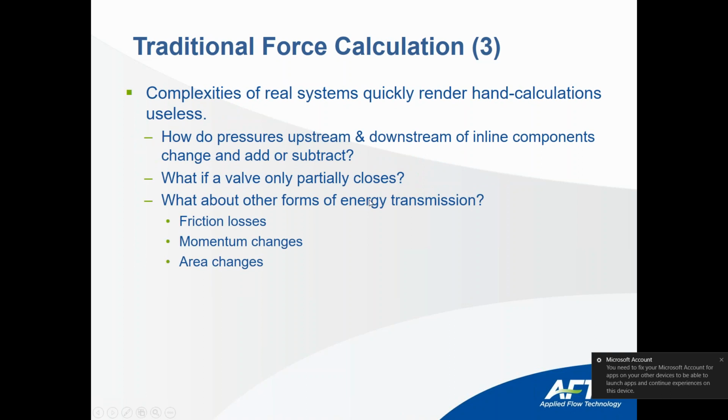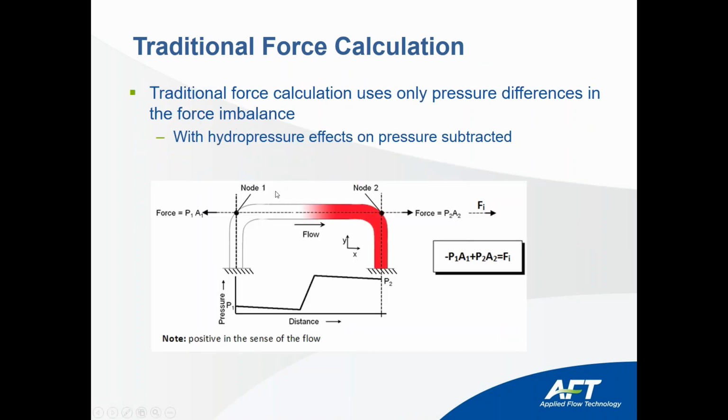Now, the complexity of the systems quickly renders hand calculations useless when inline components change the pressure, or add or subtract. Like in this example, the pressure can bounce back, so you have a superposition of the pressure.